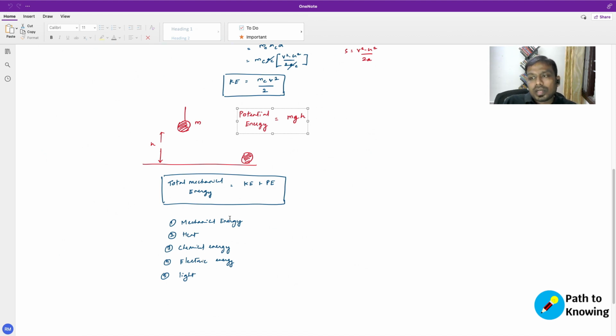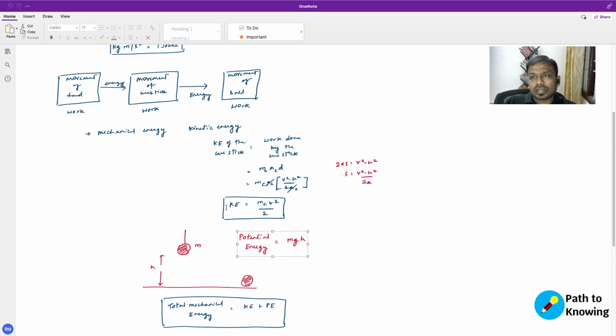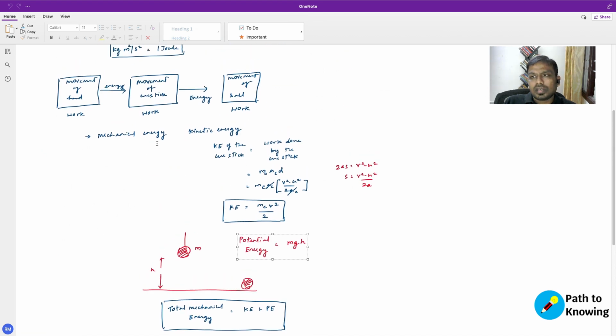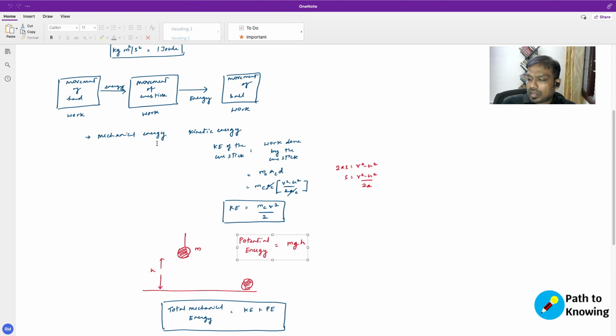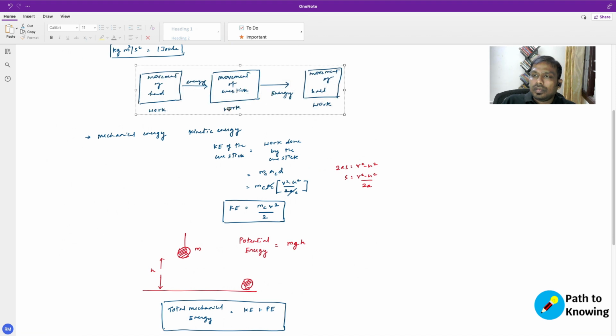Now this might be a good moment to come back to this diagram of ours, where we explored the idea of how an agent, by virtue of doing work, was able to transfer energy to another agent.